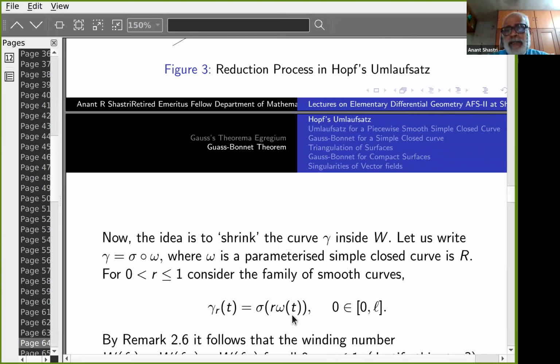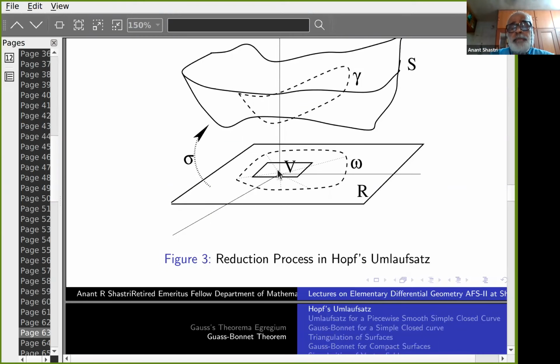So omega t is a number inside R2, right? So r times omega t makes sense. If r is 0, it will be 0. For sufficiently small r, this entire omega t, because this is a bounded function, the norm of that will be less than some delta. So you can bring the whole thing inside this V.